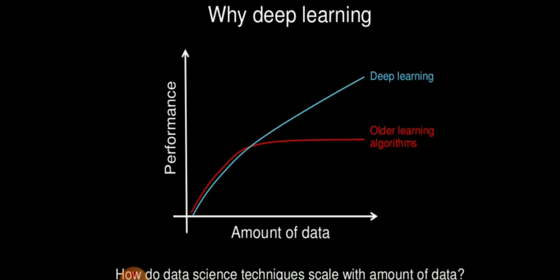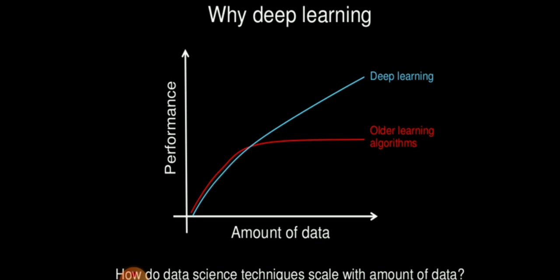Okay, so if you see this graph, you will see that deep learning performance is directly proportional to the amount of data. It means if you have a huge amount of data, in that scenario deep learning is going to give much better results in comparison to other machine learning algorithms. In this diagram we see that as the amount of data increases, the performance also increases, right?